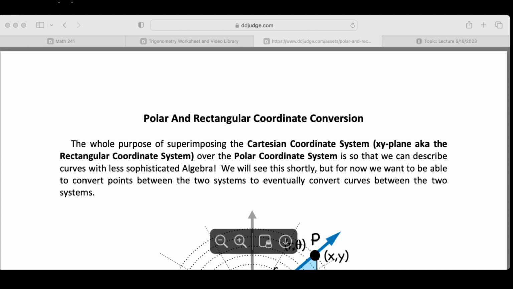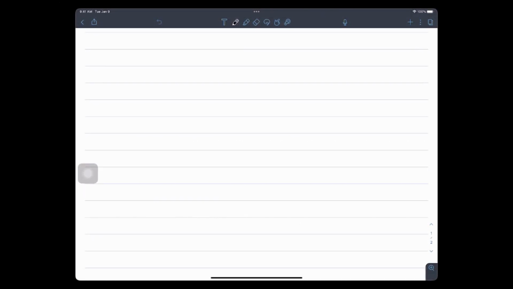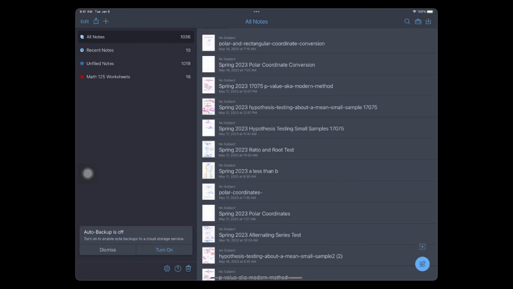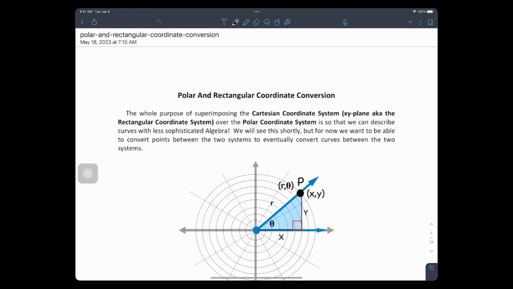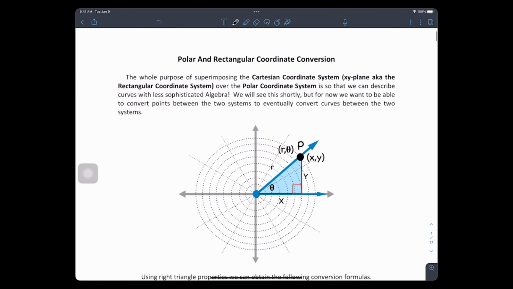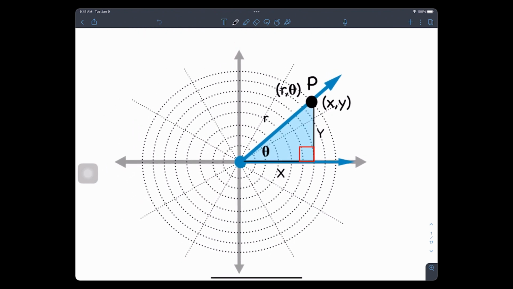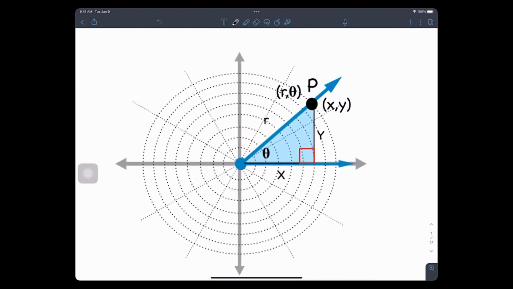You might say, what do you mean convert? We already downloaded this worksheet this morning. These notes show that you do have the rectangular coordinate system superimposed over the polar coordinate system, and of course they share the same location.